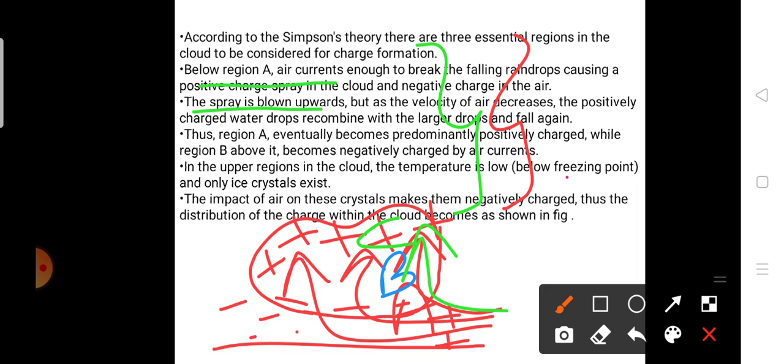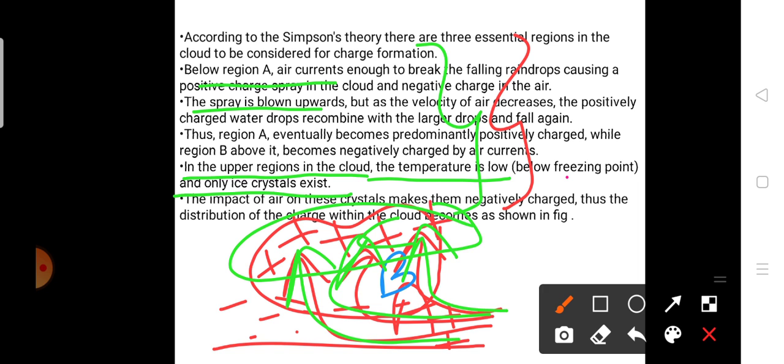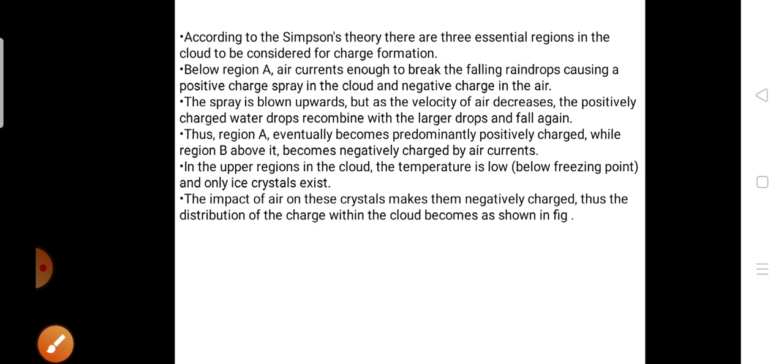I have shown the upward direction of the air blow. But as the velocity of air decreases, at the top of the cloud, in the upper regions where the temperature is low, only ice crystals exist. The impact of the air on these crystals makes them negatively charged, thus the distribution of charge within the cloud becomes as I have shown to you.